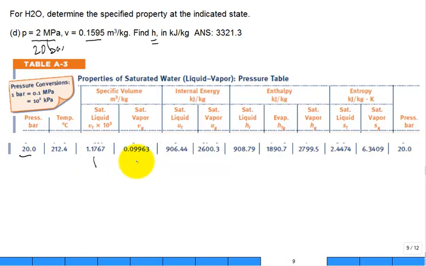Is our V in between? And you find that the V in this case is greater than V sub G, the specific volume of saturated vapor. Hence, it's not two-phase, it is superheated. We have to go to the table A5, not A5, A4. Go to the table A4 for superheated water vapor data.